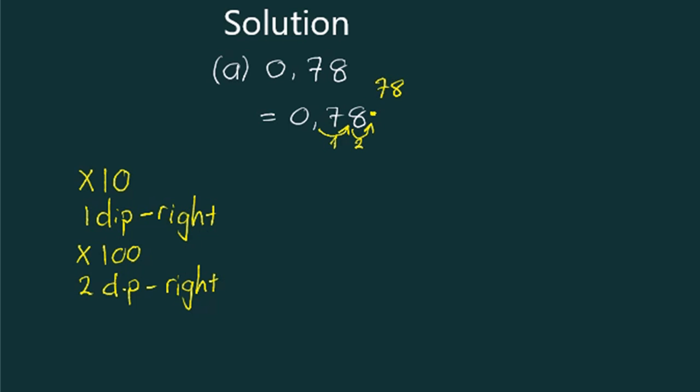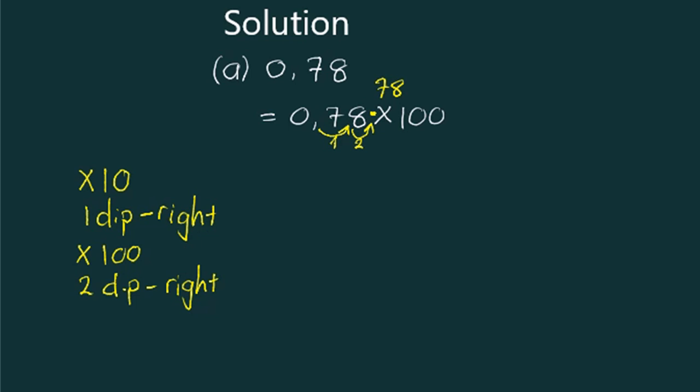So I'm going to multiply 0.78 by 100. If I multiply 0.78 by 100, this will make 0.78 become 78, but now it has lost its value because it's no longer 0.78, which is undesirable.